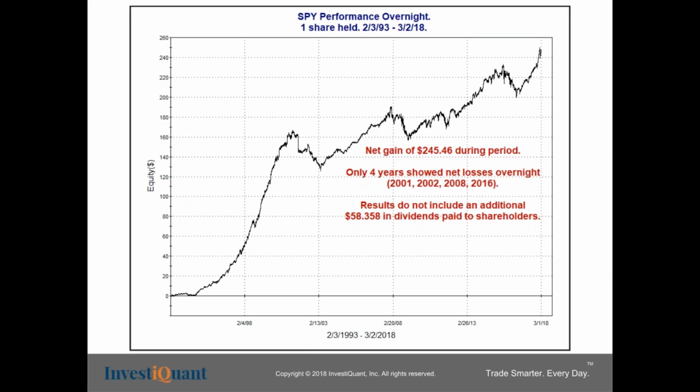So for the entire history from 1993 through early March, SPY had a net gain of $245.46 during this period. And this does not include an additional $58 in dividends paid to shareholders. So about $300 in gains occurred in SPY during the overnight.